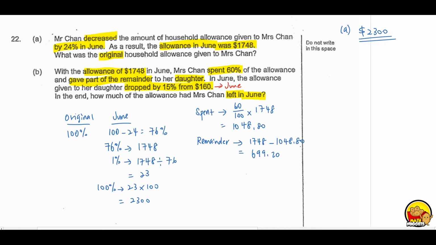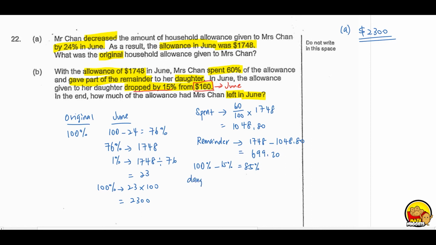And with this remainder, she gave part to her daughter. So we need to find out how much was given to the daughter. So the daughter's allowance originally would be $160. But in June, it dropped by 15%. So if the daughter's allowance dropped by 15%, meaning she received 85% of her original allowance.